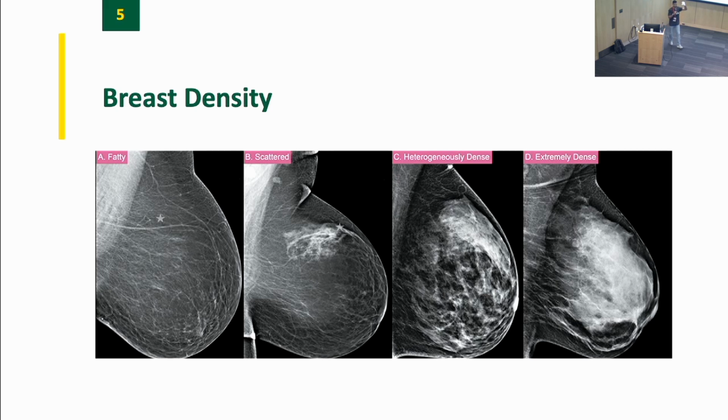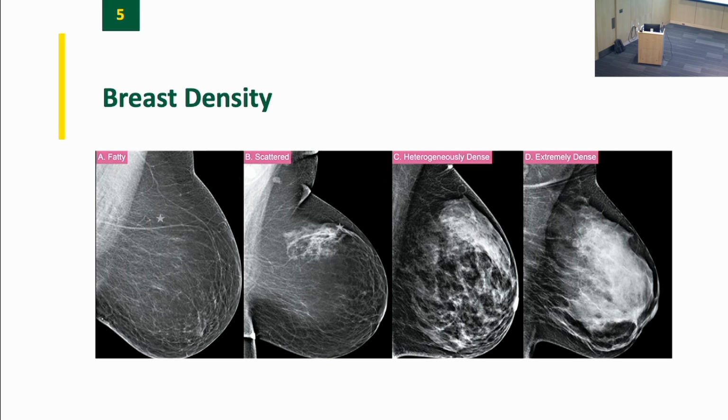Fibroglandular tissue is just breast tissue: fat, fibrous tissue like architecture, the ducts that produce milk, and all the stroma associated with that. Scattered fibroglandular density means there's a little bit of it. Heterogeneously dense means it's dense, but some areas are more dense than others, and D is extremely dense. Pretty much all the breast tissue is fibroglandular.